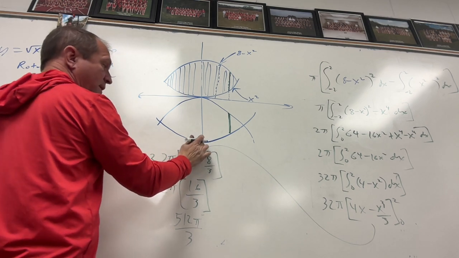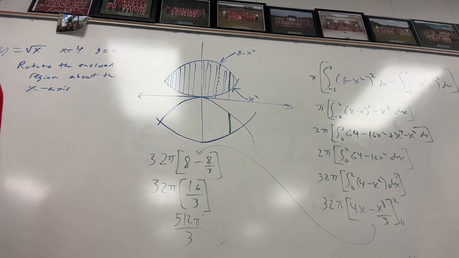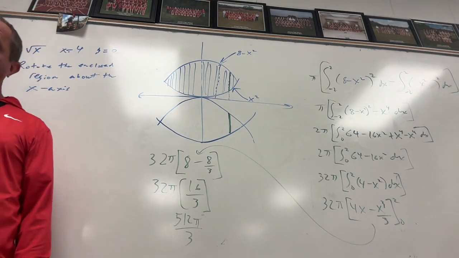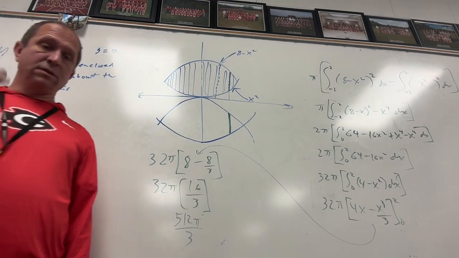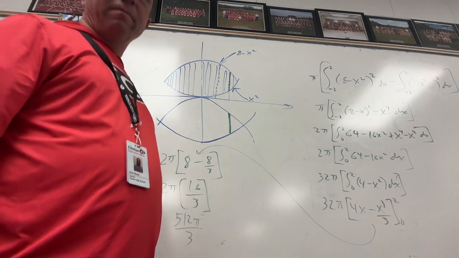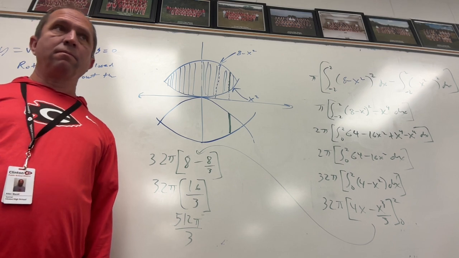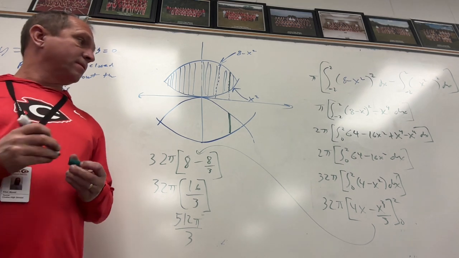So it's a lot easier to integrate using 0 than it is to integrate using -2. So that was what was happening there. Any other questions? All right.